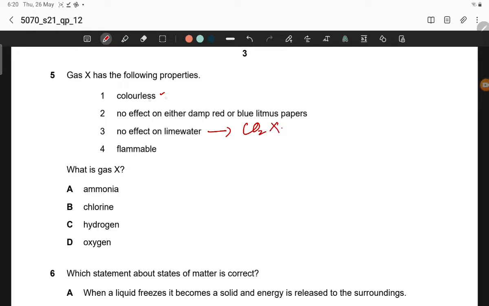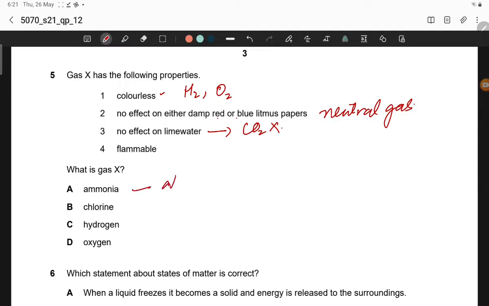Flammable, and colorless, no effect on either damp red or blue litmus paper, it means it is a neutral gas. And colorless gas, hydrogen, oxygen, all are colorless gases. Chlorine is a colored gas.